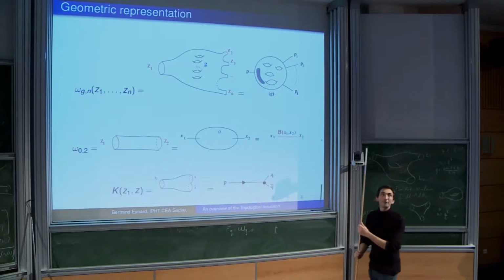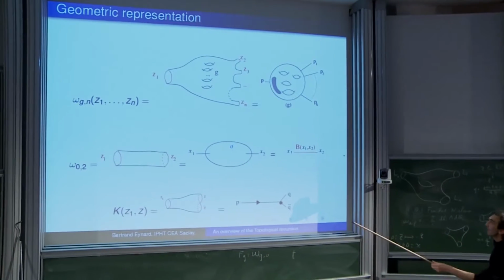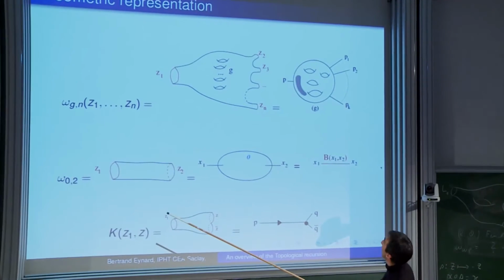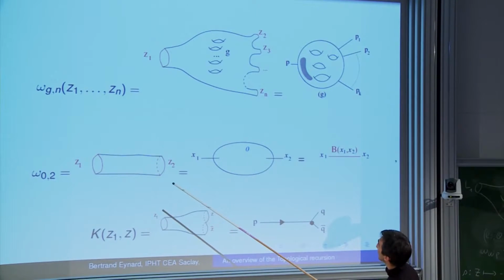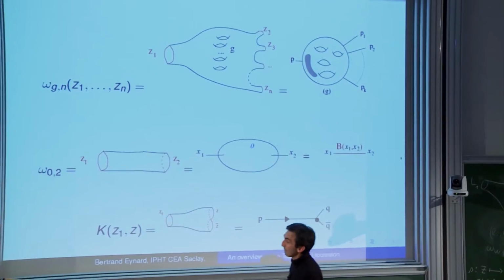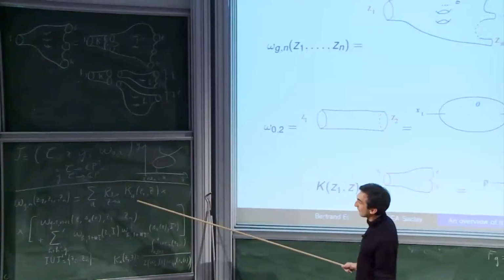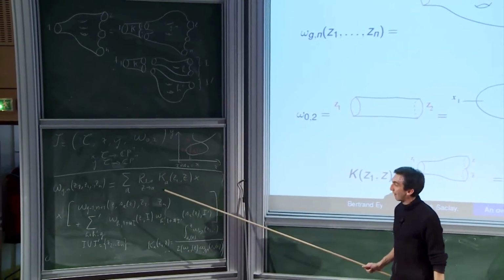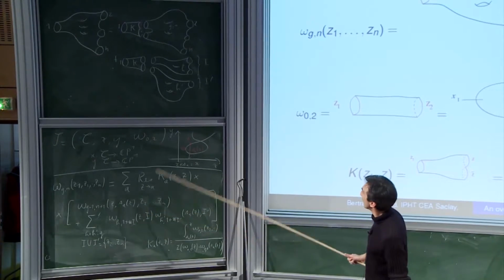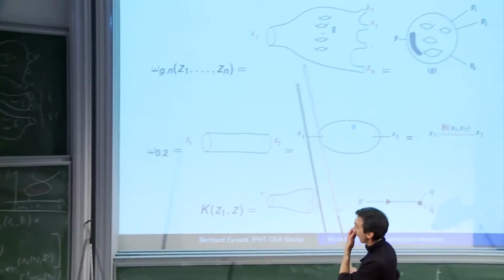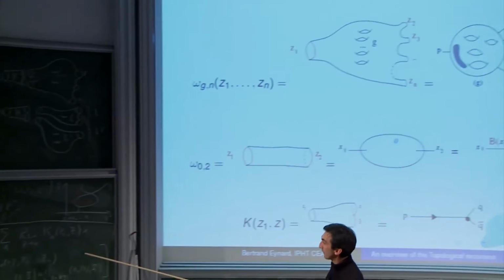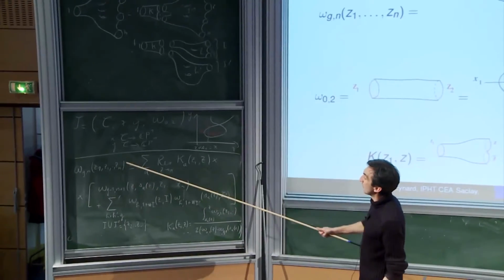I just want to say something about the geometrical representation. As I said, this equation written like that looks complicated. But it's very easy to remember if you think of it in a graphical way. So you represent each of the terms here by a picture.